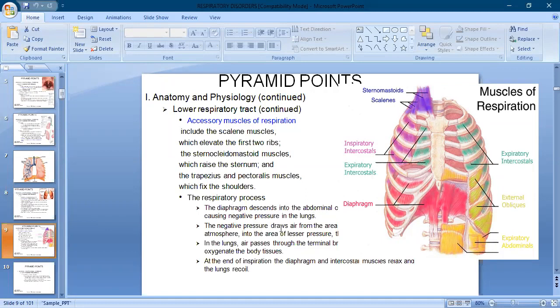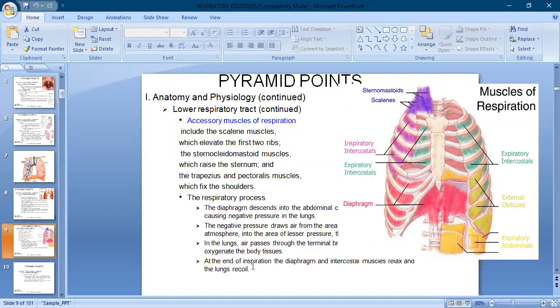Negative pressure always draws air from the atmosphere into the area of lower pressure. The air passes through the terminal branches, oxygenates the blood, and the oxygenated blood goes to the tissues.